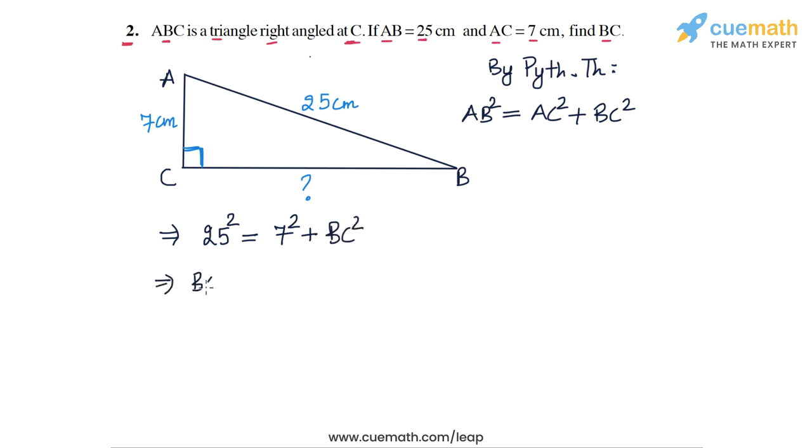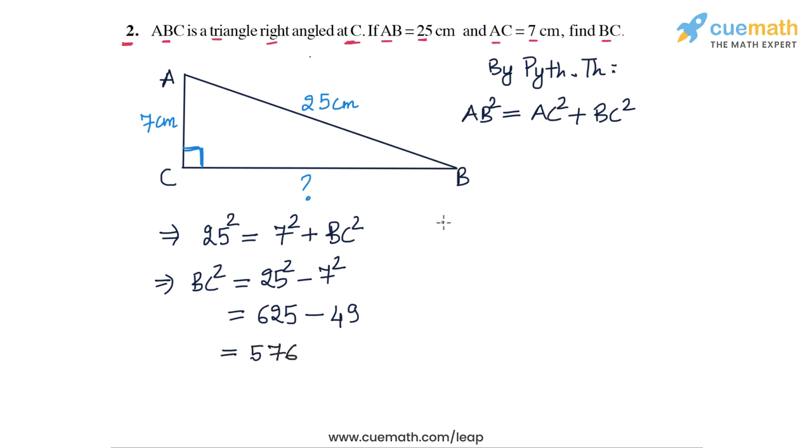So from here we get BC square is equal to 25 square minus 7 square. 25 square is 625, minus 7 square is 49. So we get 625 minus 49, which is equal to 576.